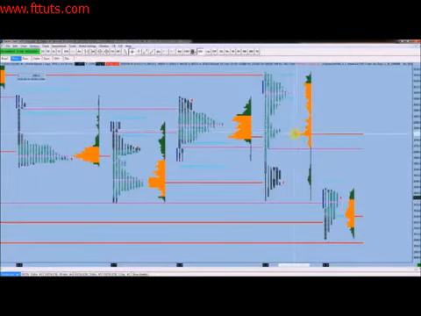So value was accepted here. Buyers and sellers agreed in terms of volume for the majority of the day that value was set at 29.80. It was at 29.70 that the people that had accepted value was higher decided value doesn't sit there anymore.